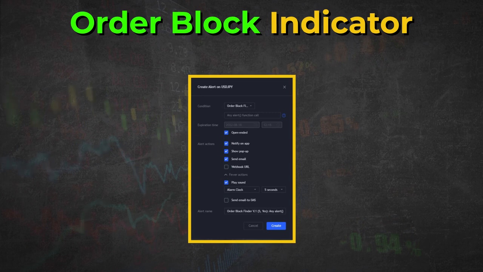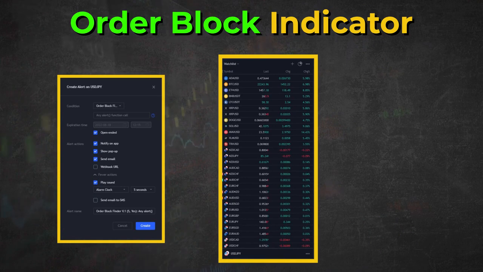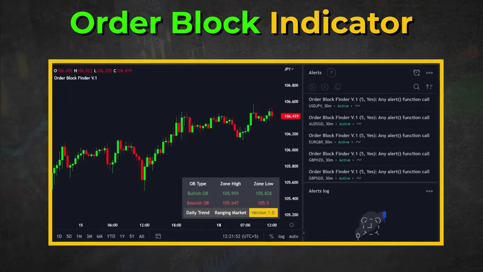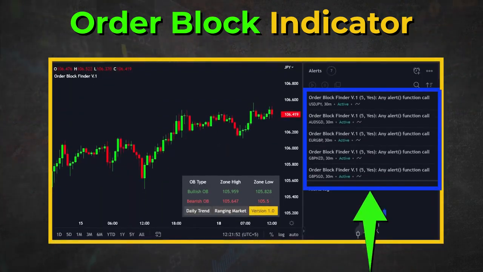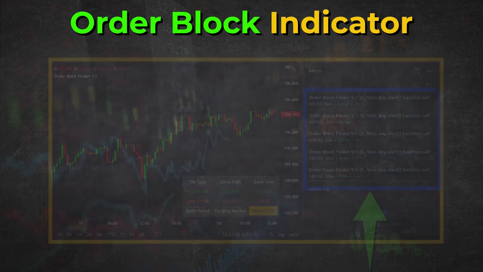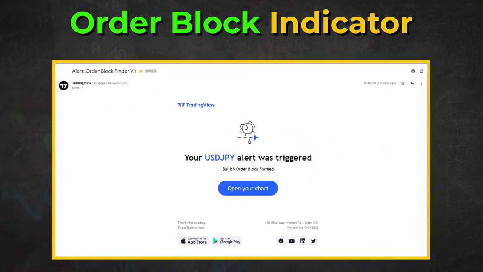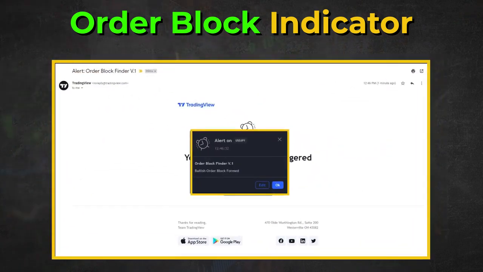This feature allows you to analyze multiple pairs for the formation of order block zones at the same time, which is very effective. For example, here you can see I have added the alert to all these currency pairs. Now, as soon as an order block forms in any of these pairs, the indicator will notify me through an email and also show the notification on desktop and mobile device.